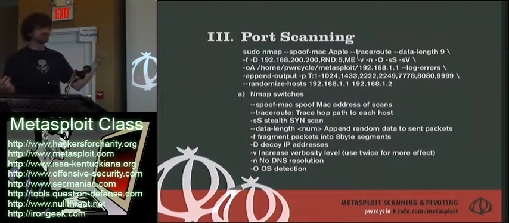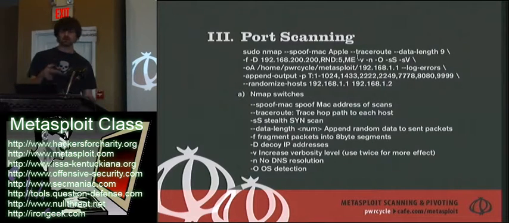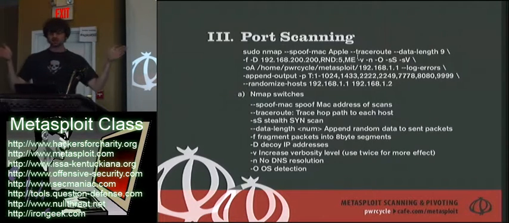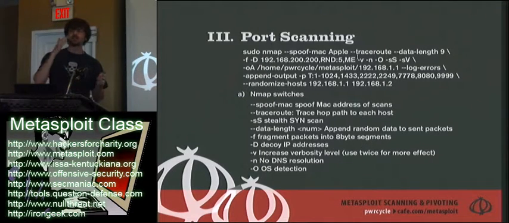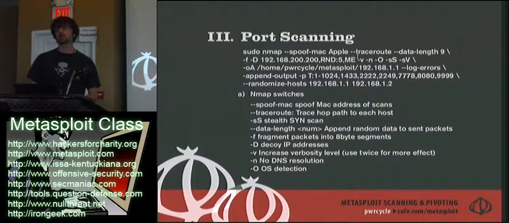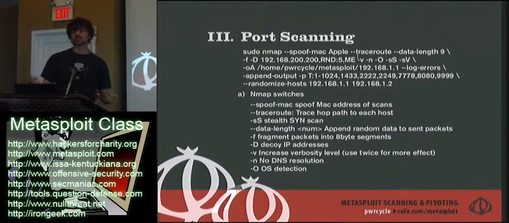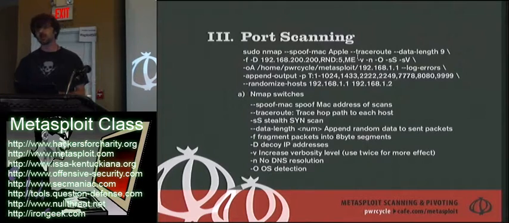The next option, -f, goes along perfectly with the data length. What I'm trying to do is fill an entire packet without going over that. But then -f cuts up those packets into 8-byte segments. It's essentially like setting your MTU to like 400. Normal MTUs are 1600s, 1500s, something like that.